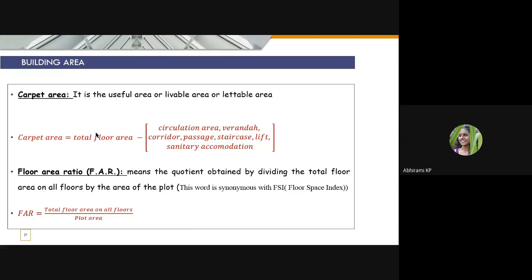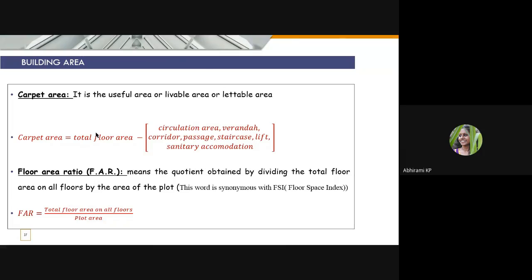Carpet area is an area which can be used to spread something, a carpet. It is a usable area, and it includes the walls inside our house and the area in between the walls.